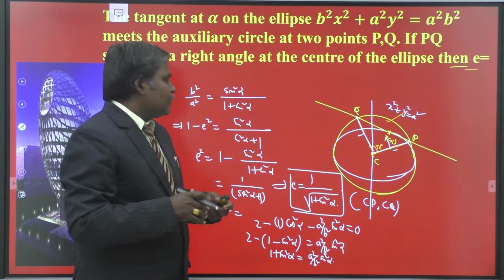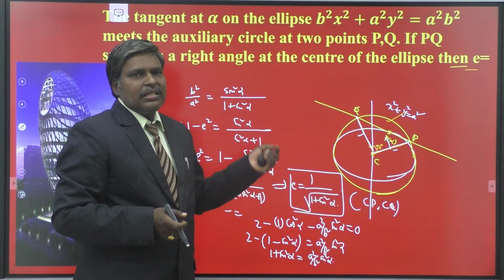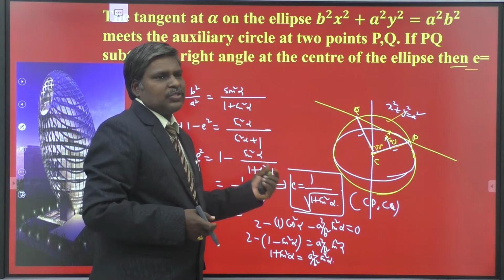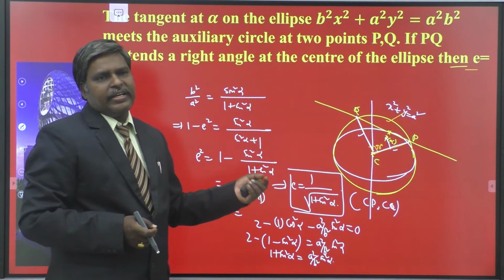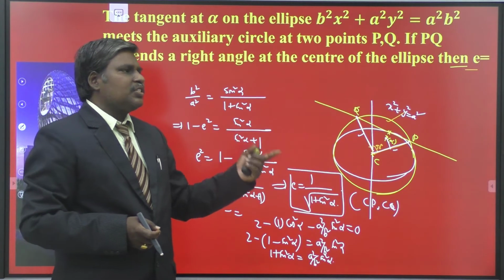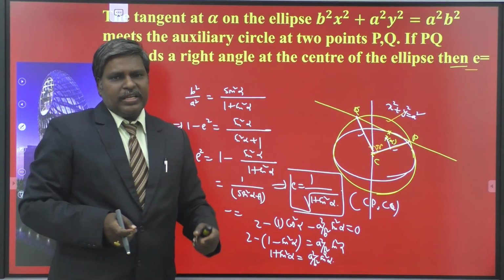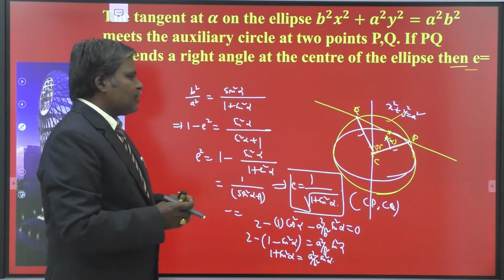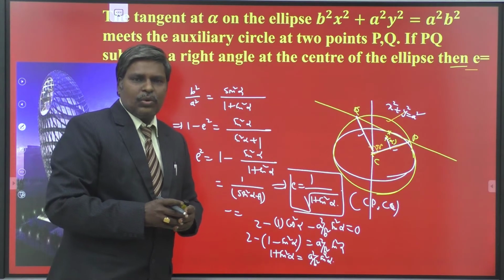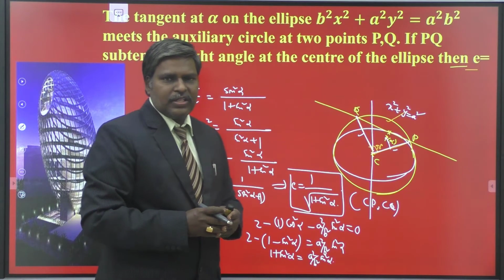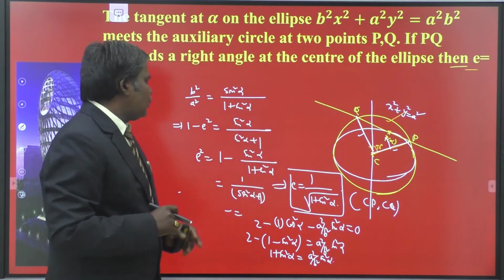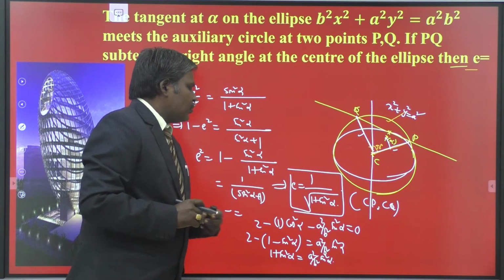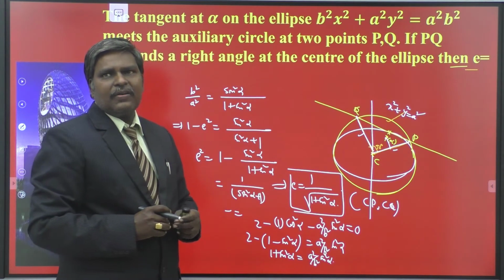Therefore, we homogenize the curve x square plus y square equal to a square with this line. a square can be written as a square into 1 square. Instead of that 1 square, you write x by a cos alpha plus y by b sin alpha, the whole square. From that combined equation, we equate the coefficient of x square plus coefficient of y square to 0 and hence evaluate the value of e. In this manner, e is 1 by root of 1 plus sin square alpha.